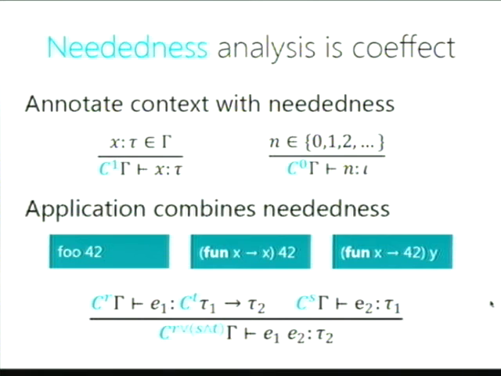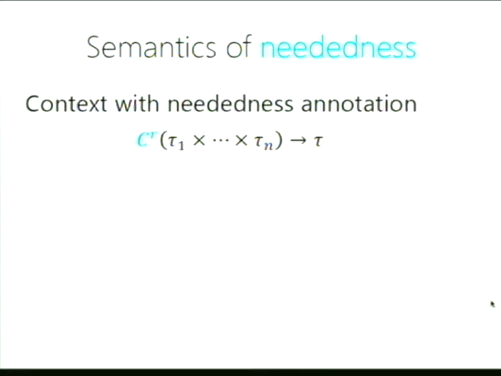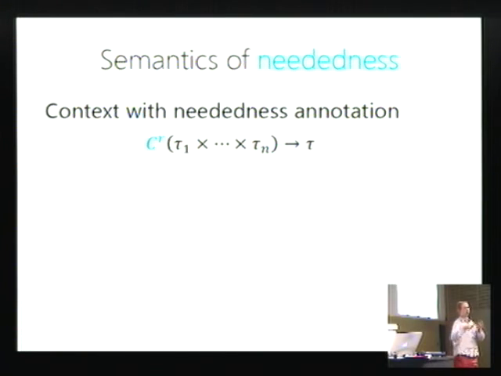This is actually reflected by the comonadic semantics, and I don't have time to go into this, but briefly the idea is that monads attach some data structure over the result type. And with this work, we attach some data structure over the context type. So if you have a function or expression that's defined in some variable context, then that gets modeled as something over the variable context to result.